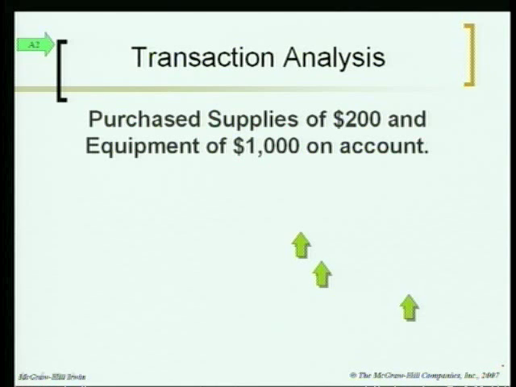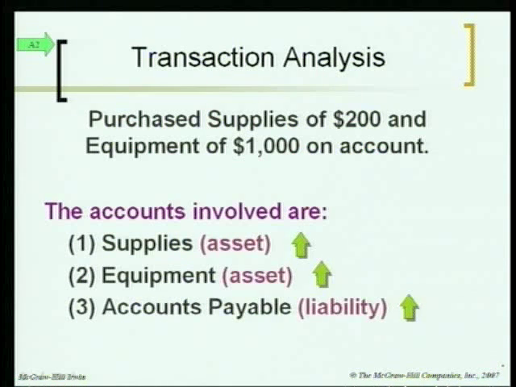What does that mean? When we purchase something on account, sometimes it's also called on credit. What that means is we purchase this stuff, but we're going to pay them later. Okay? So we have established a liability. Specifically, when it uses the verbiage of on account or on credit, the liability that is affected is accounts payable.